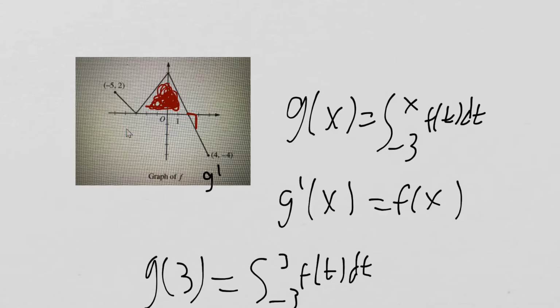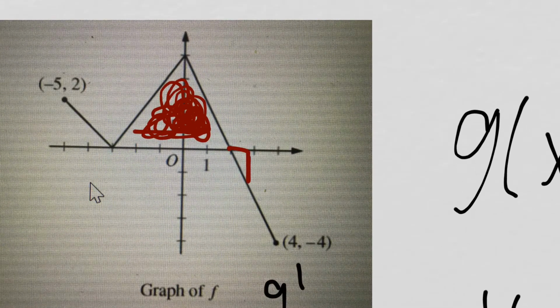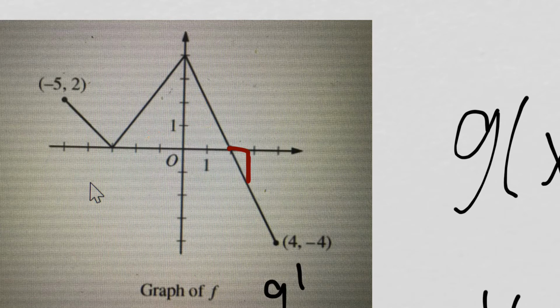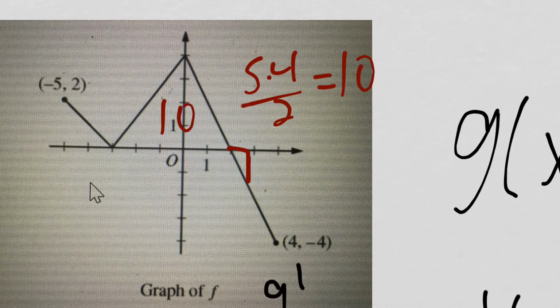So we look at this triangle, and we see that it has a base of 1, 2, 3, 4, 5, and it has a height of 4, it looks like, or 1, 2, 3, 4. So it's a 5 by 4 triangle. The area of that is 5 times 4 divided by 2, which is going to be 10.